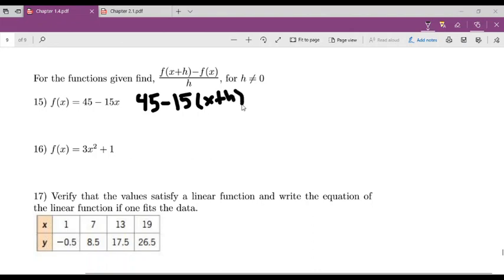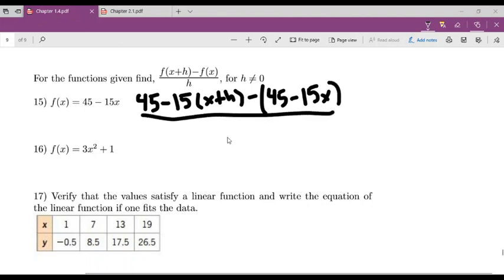Then you're subtracting that from the original f of x, which is 45 minus 15x. You need to keep that in parentheses too. And then you're putting it all over h.